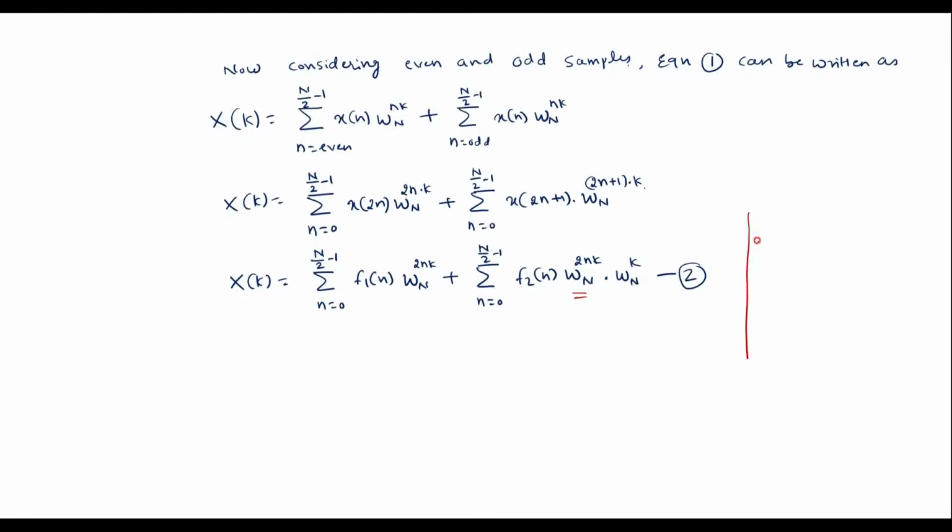W_N power 2nk can be represented as, we know W_N is the twiddle factor. The twiddle factor value is e power minus j 2 pi by N, into 2nk. So I will represent this as e power minus j 2 pi divided by, taking this 2 to the denominator, N by 2, into nk.